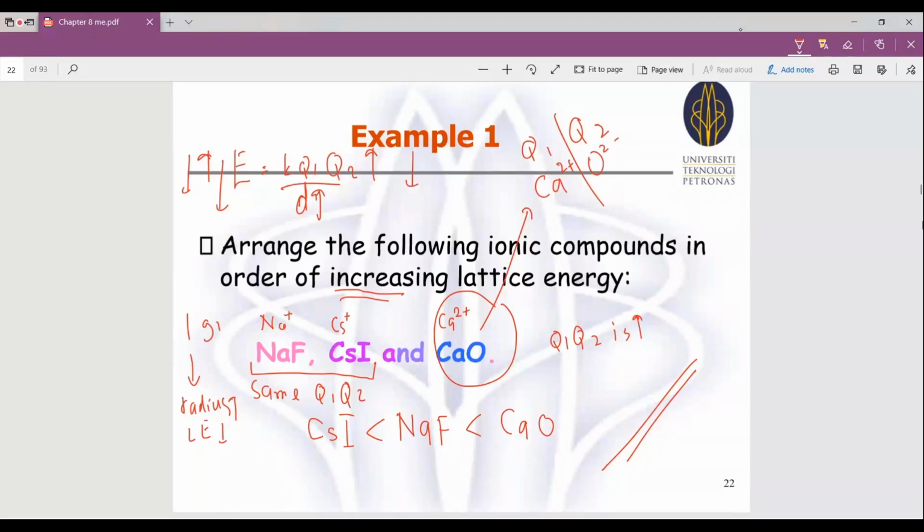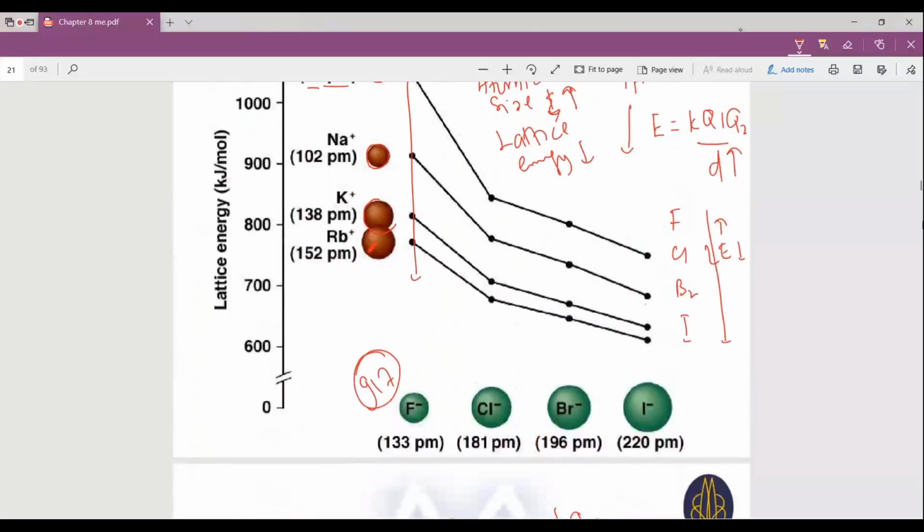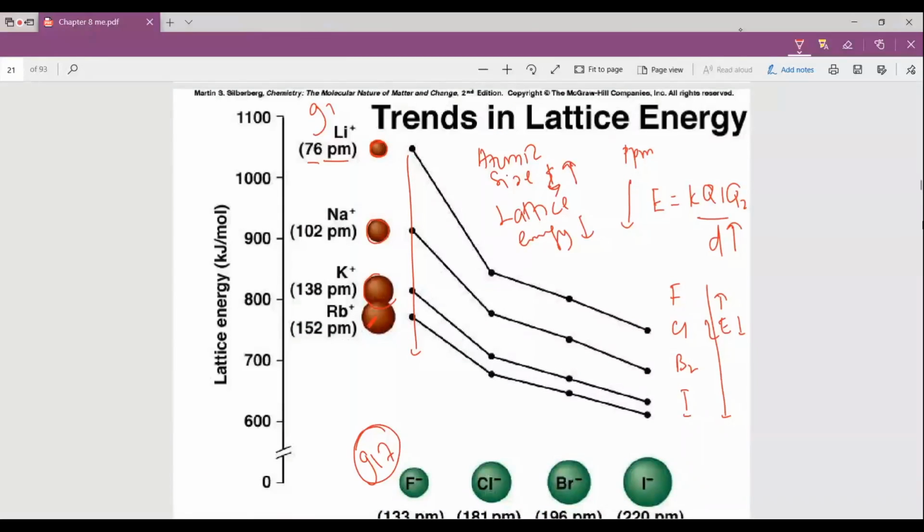Miss, can you explain again about Na bigger than Cs? Which one? Na has bigger lattice energy than Cs. Okay, Na and Cs. Look at this graph: lithium, sodium, potassium, rubidium, and cesium, group 1.